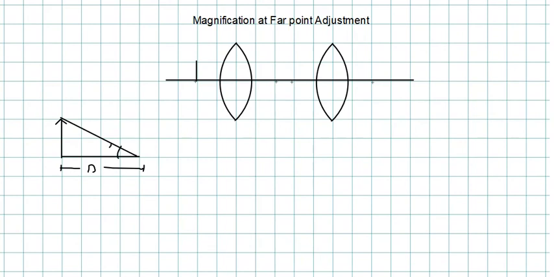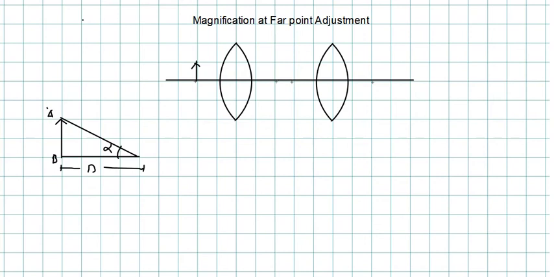So, now this is alpha, this is A, this is B. Now, we are looking at the same object AB with the convex lens. Now, here it is the far point, that means the final image A double prime B double prime should be formed at infinity.